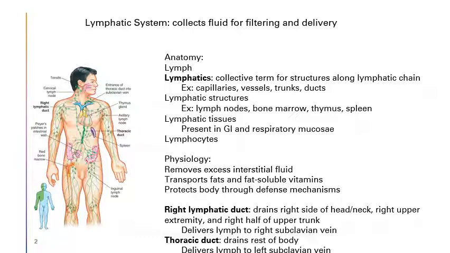So I mentioned that one of the lymphatics is capillaries. This is a closed end sac. So just remember that as we move forward. A lacteal is a little projection that is part of what is protecting our digestive system from things that we don't want in there.